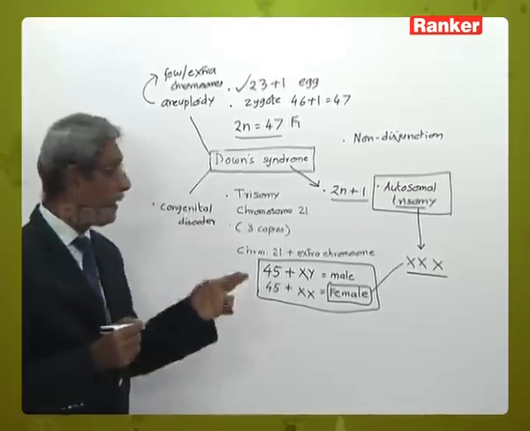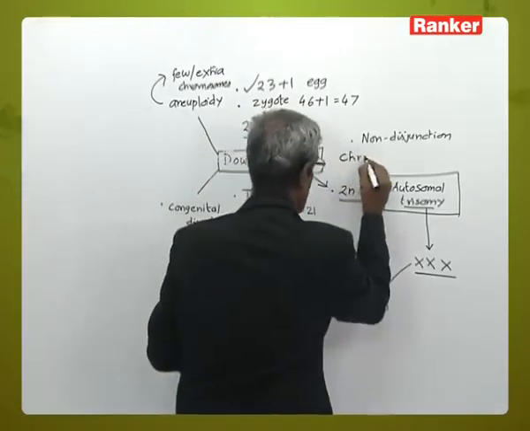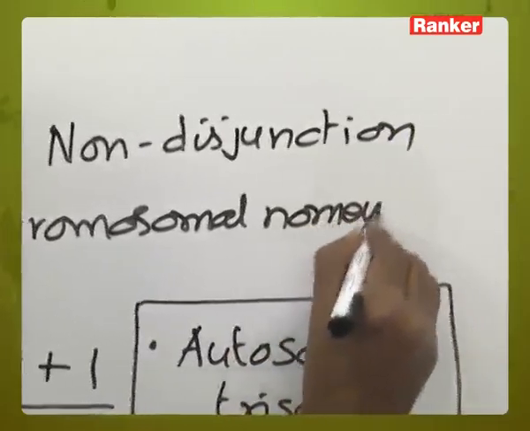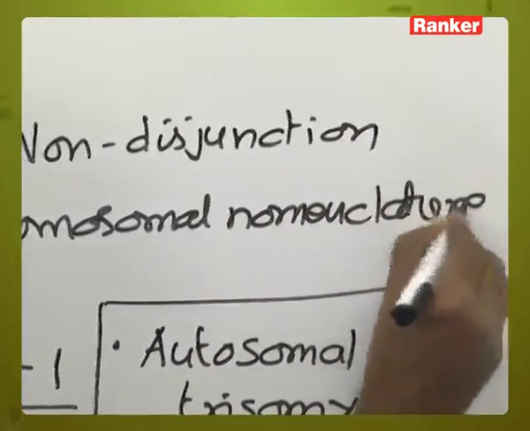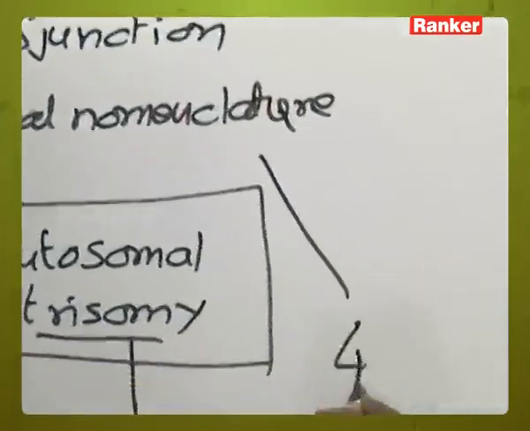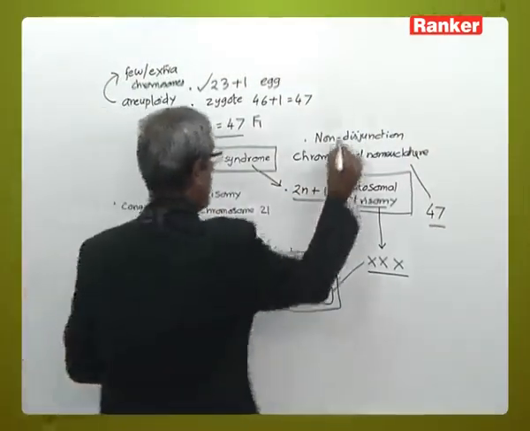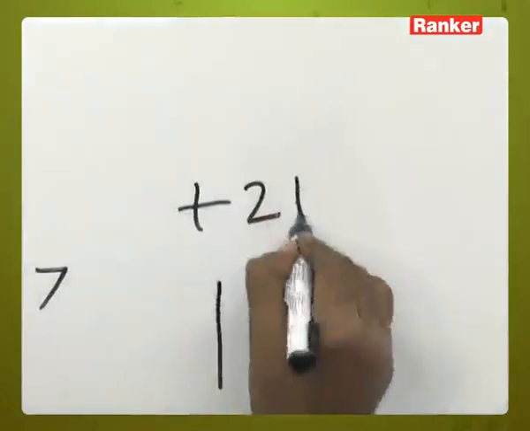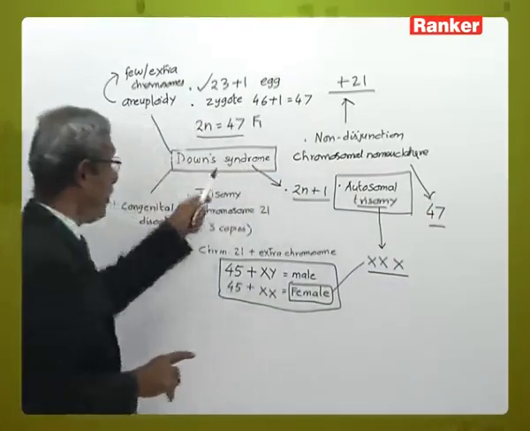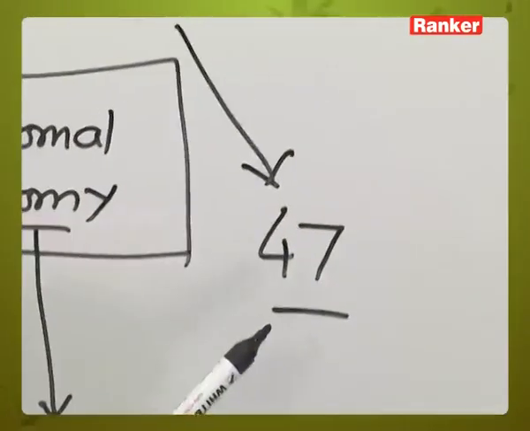So the chromosomal nomenclature of Down syndrome is always 47, or it could also imply a plus 21 situation. So there are two important types of chromosomal nomenclature for Down syndrome. It can be designated as plus 21 chromosomes, or it could be designated as 21.